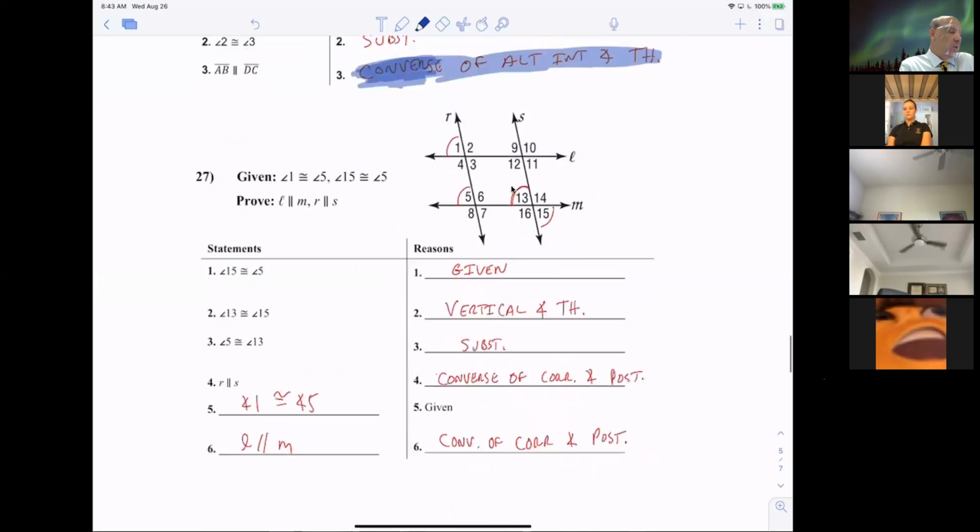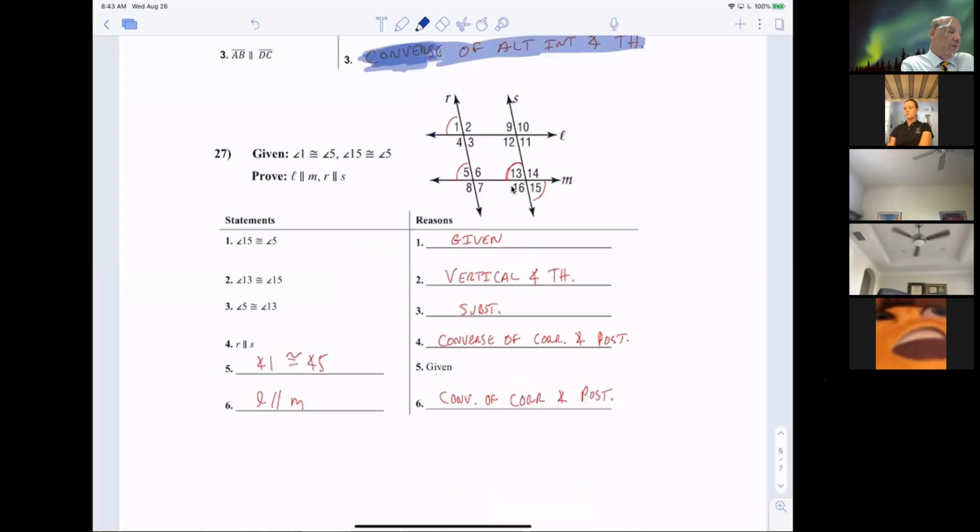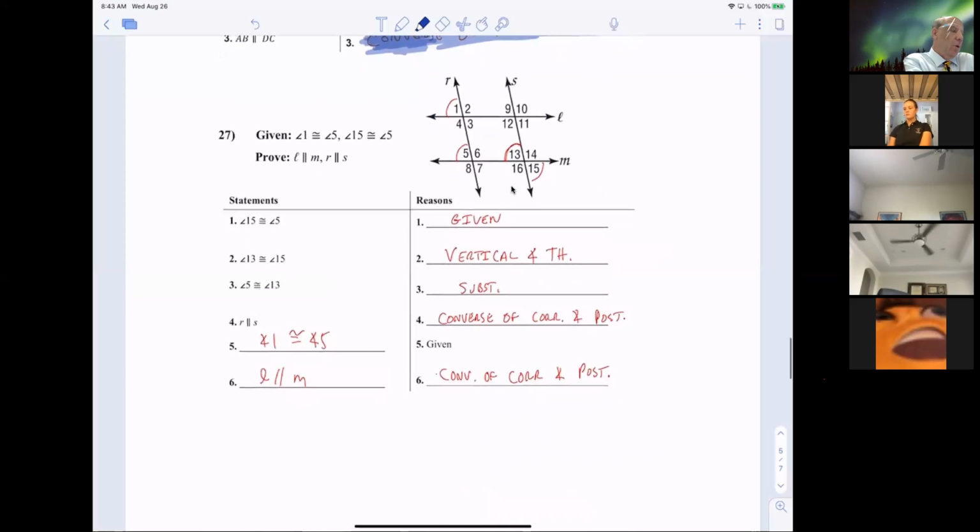All right. Number 27. Let's look at this one. This one's kind of nice. Now here we're trying to prove 2 things are true. Now, obviously, number 1 is given. Why is angle 13 congruent to angle 15?